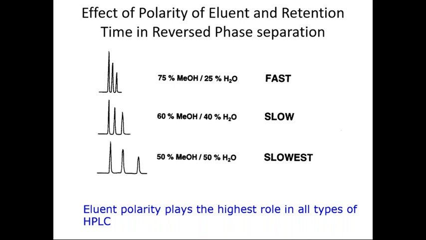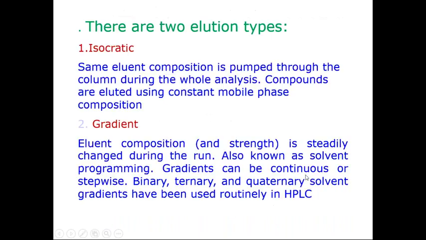However, if you decrease the water to 80-20, you will see that there will be separation. And sometimes, you have to increase either the acetonitrile concentration or the methanol, that's the organic modifier. So the message here is the polarity of the eluent also affects the retention time of the analytes.